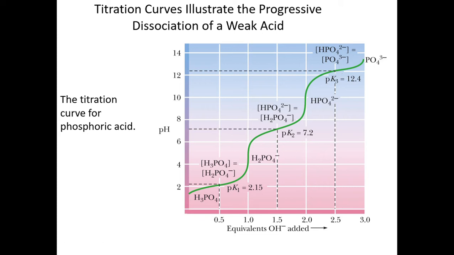The pK3 here is 12.4. So when a triprotic or diprotic acid ionizes, it is a stepwise process. These protons are not lost all at once.